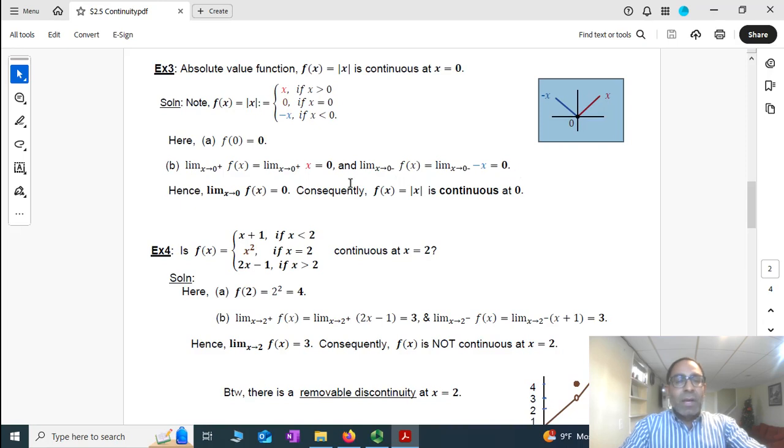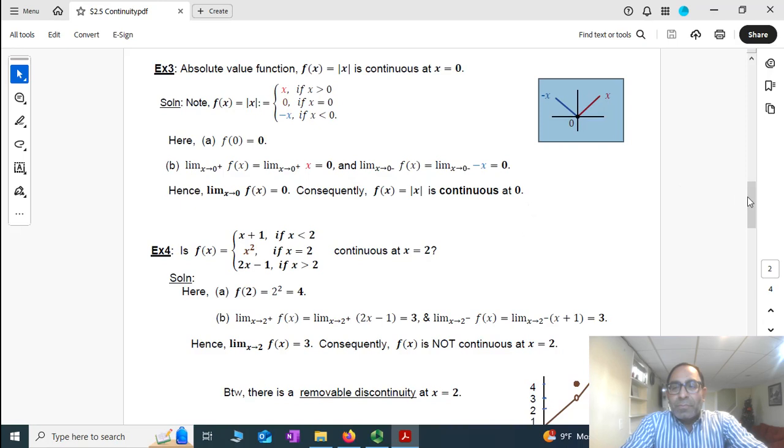So then this implies the limiting value of the function as x approaches 0 is 0. Since the function value in part A is 0 and the limiting value from part B is 0, this implies the function is continuous at 0. Right? So short and sweet.